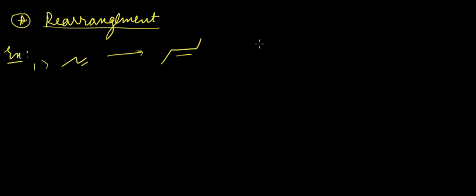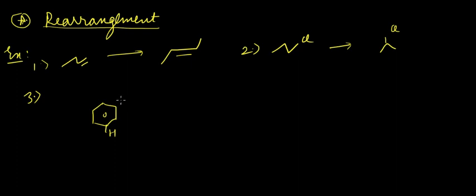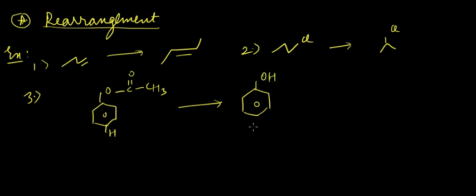Or I can also take an example like this, where it rearranges itself to become a substituted halide at the 2 degree carbon. Or a better example can be this, where the rearrangement would give OH here and COCH3 here.